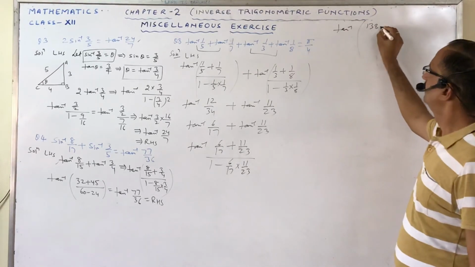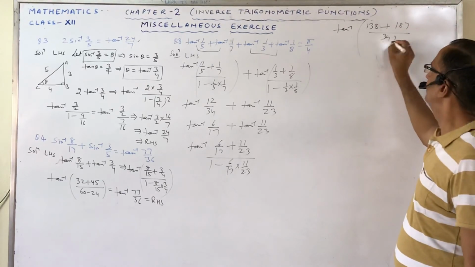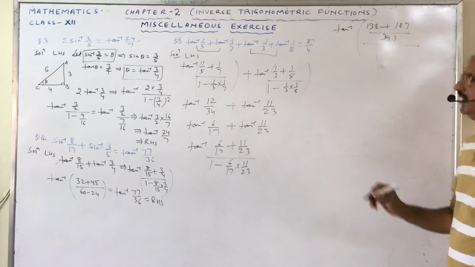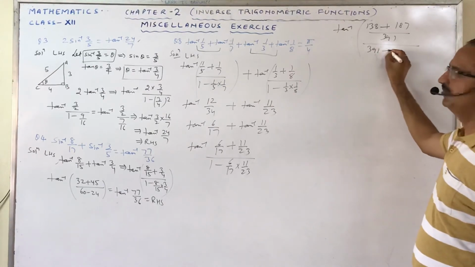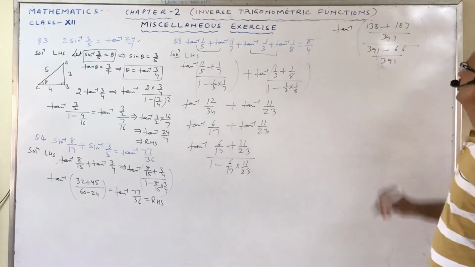Now after simplification we will get 138 plus 187 upon 391 in the numerator and 391 minus 66 upon 391 in the denominator.